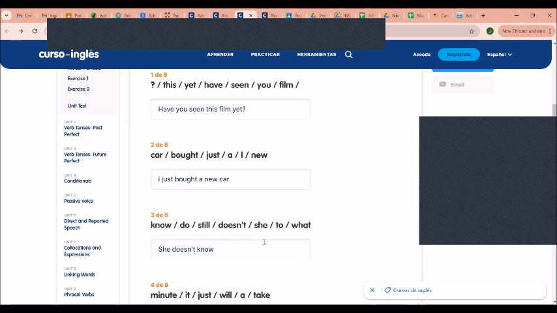Correct. And then we have a complement. How would we arrange the complement in the sentence? Que no sabe. Exactly. Ella no sabe, but we still miss something. Where is our adverb?